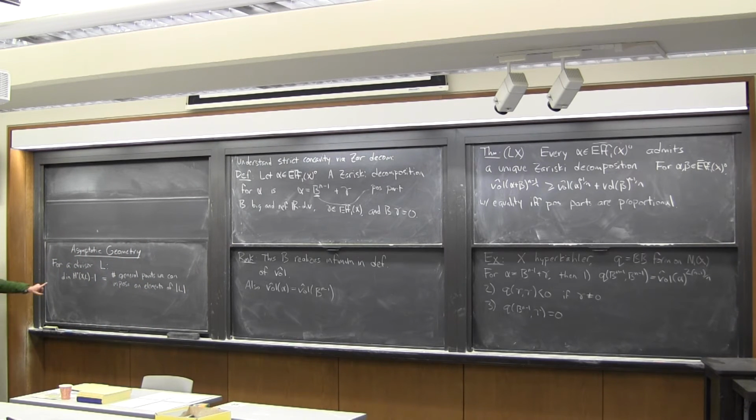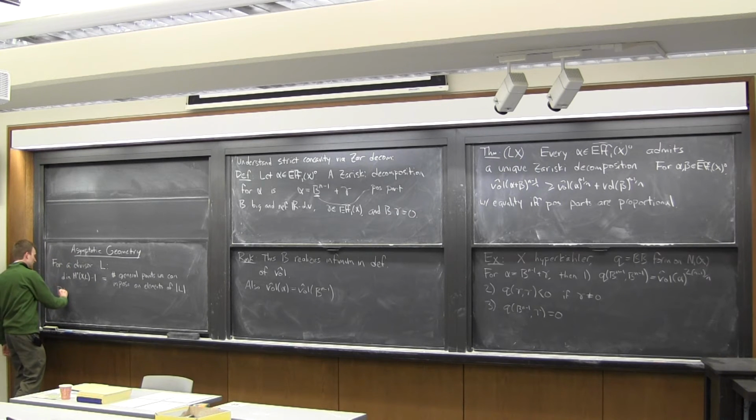So what do I mean by this? Well, I just mean that if you take a linear series and you ask what are the divisors in that linear series going through a general point, that's just a hyperplane, a codimension 1 hyperplane inside of that linear series. Right? A general point imposes one condition. So if you intersect these hyperplanes down, the number of general points you can force a divisor to go through is the same, in a linear series, as the dimension of the linear series, more or less.